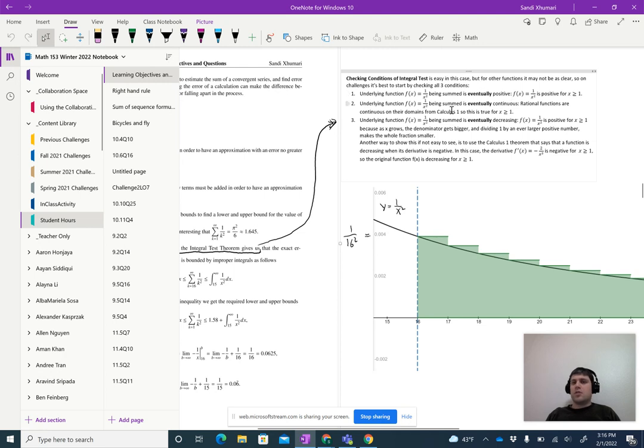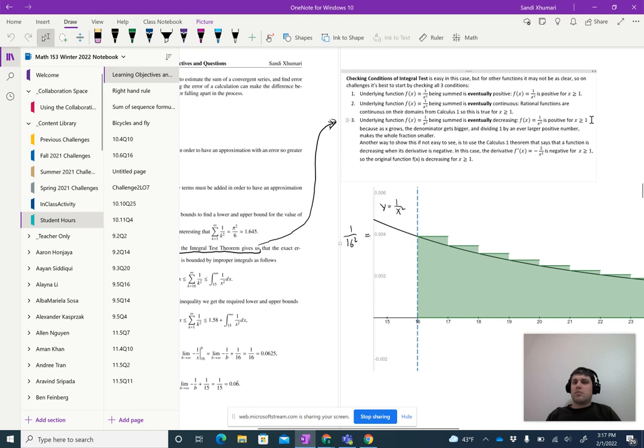Eventually continuous, yes, any rational function is continuous. And the underlying function is eventually decreasing. By eventually, I mean that there is some, perhaps even big, x value such that past that x value, the function is always decreasing.